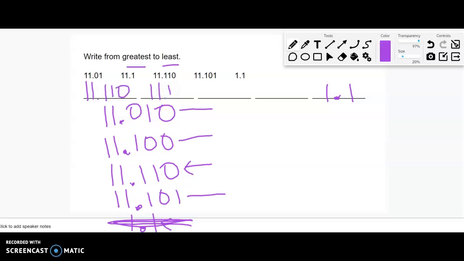Then I have 101 thousandths. Then I have, oops, I was getting confused because I didn't cross them off. That one, I used that one. Now I just have 1.100 thousandths, or 1.1, and then 1.010 thousandths.